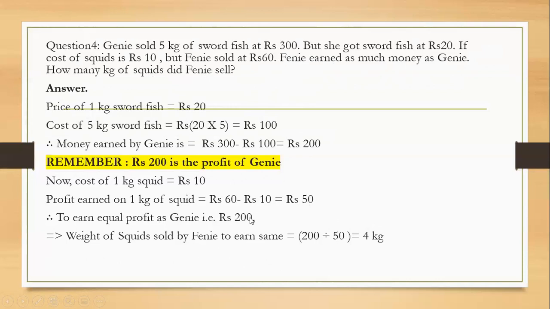So you have to find out the total kg of squid she sold to earn 200. You will divide 200 by 50. So 200 divided by 50 gives you 4 kg. When Fanny sells 4 kg of squid, then she will be able to earn equal profit as Ginny. Hope it is clear.